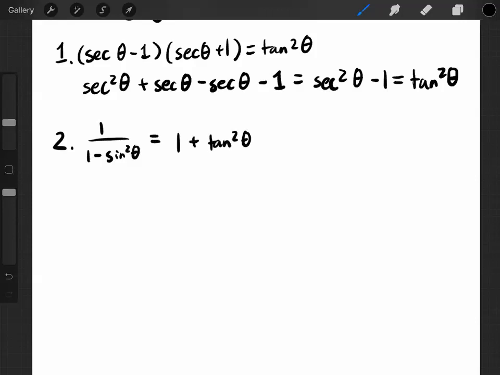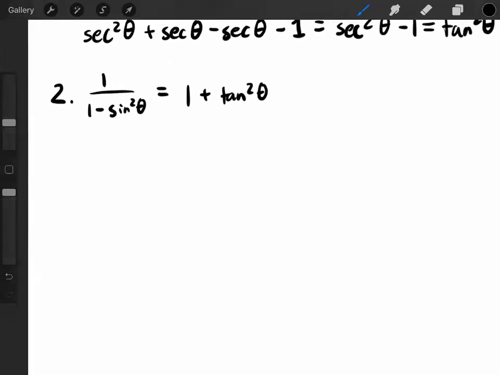Now, if you look at this and look at any trig identity sheet, you can see that 1 minus sine squared theta is equal to cosine squared theta. So we can rewrite this into 1 over cosine squared theta is equal to 1 plus tangent squared theta.